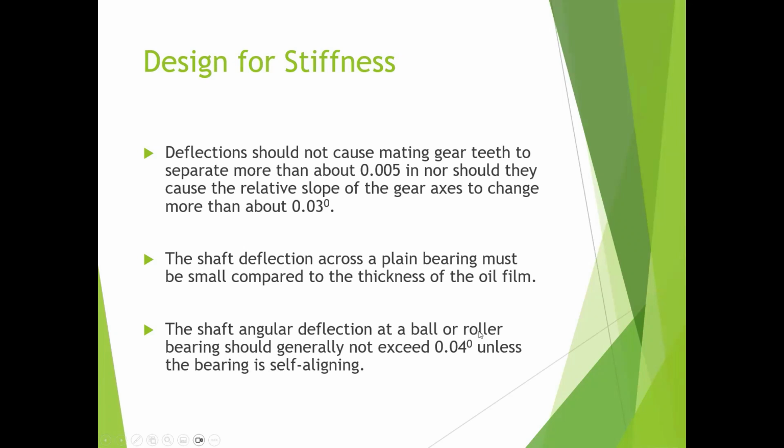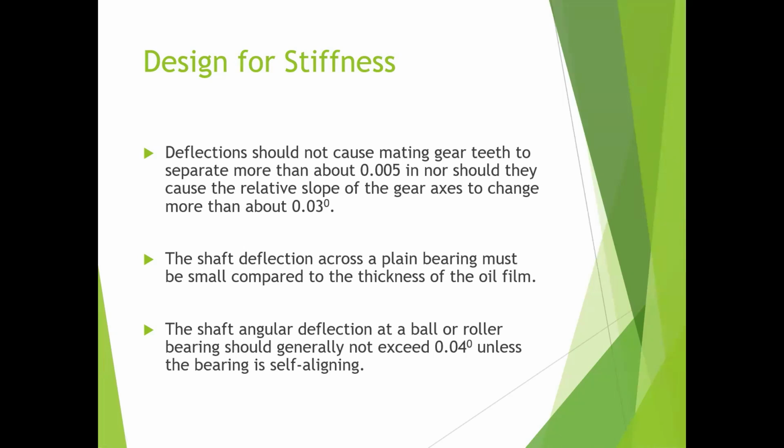If the deflection is bigger than 0.04 degree, your shaft will be in direct contact with the bearing system and it is much easier for the bearing to wear out. If the bearing is self-aligning, it can automatically adjust the angle to make sure the shaft end does not have direct contact with the bearing. Questions regarding this slide?